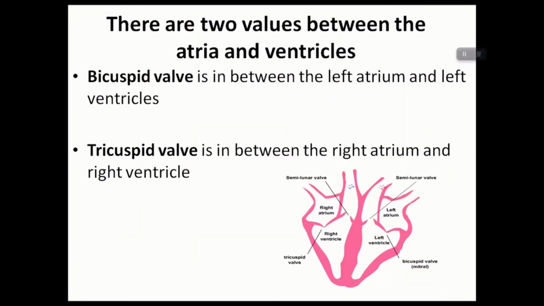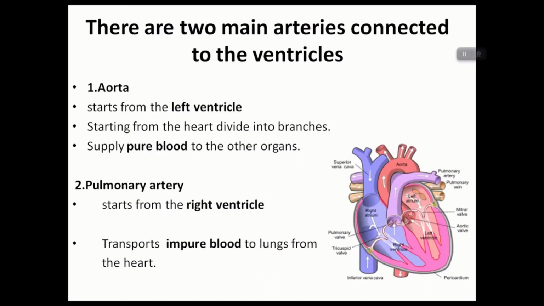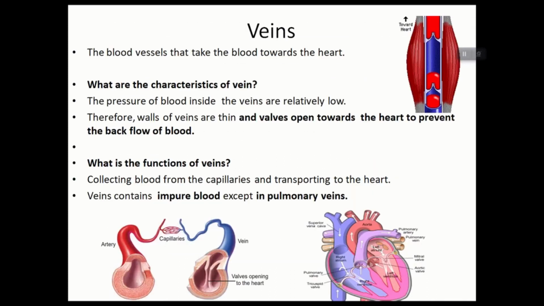Now next, we are going to talk about veins. The blood vessels that take the blood towards the heart. Veins, they bring blood towards the heart. What do we say to the blood vessels that bring blood towards the heart? Veins.